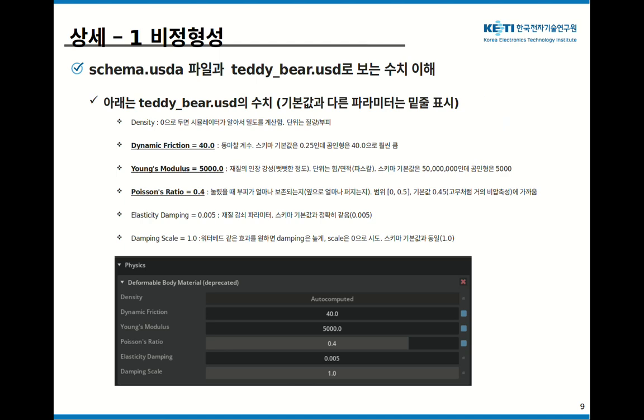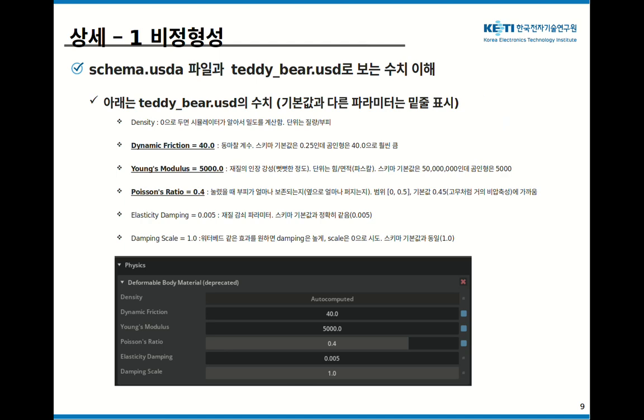It is close to the default, which is almost incompressible, like rubber. Elasticity damping is 0.005. It is a material damping parameter and is the same as the schema default. Damping scale is 1. It is the same as the schema default.